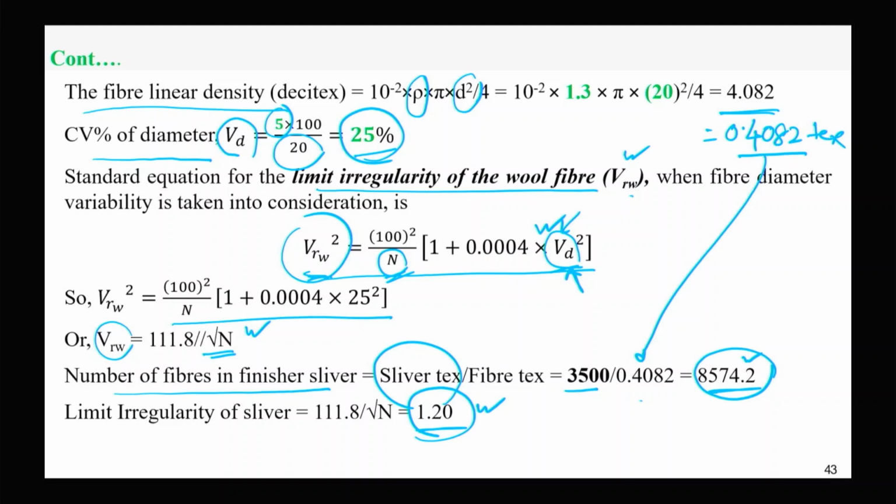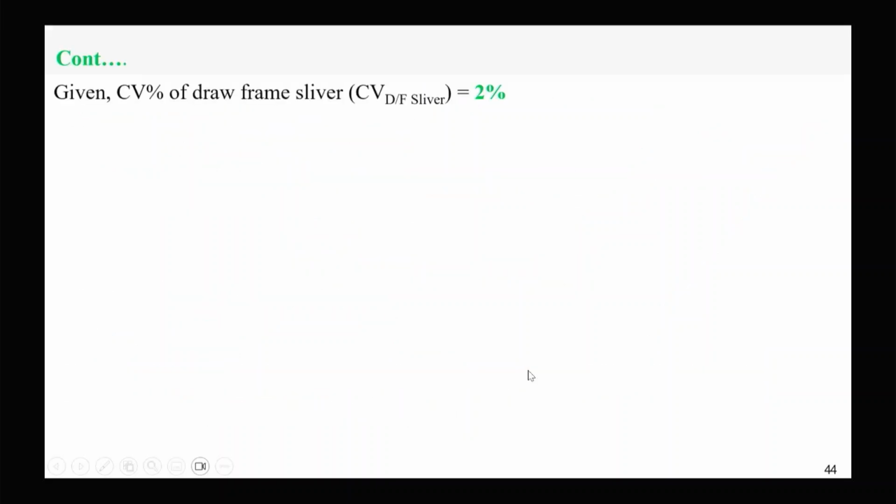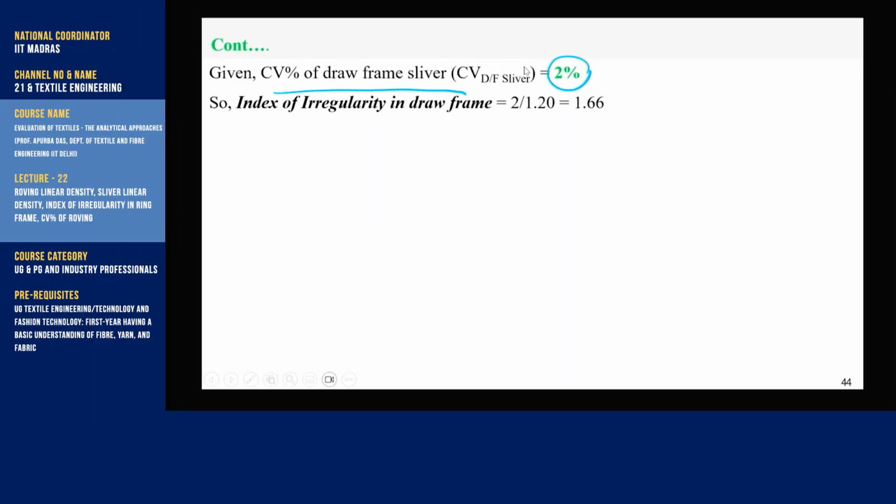This is the limit irregularity you have seen, 1.2, and the CV percent of draw frame sliver, which is given as 2%. So we can calculate the index of irregularity as 2 by 1.2. So it has become 1.66.